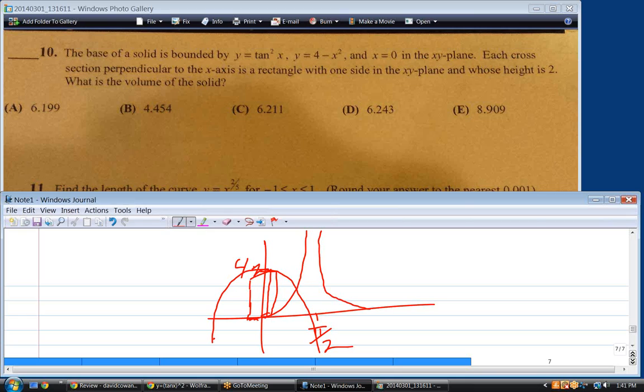First of all, let's talk about figuring out the area of that rectangle. Because we're going to take the area of each rectangle and multiply it by the thickness of the rectangle, and the skinny side of this rectangle is along the x-axis.